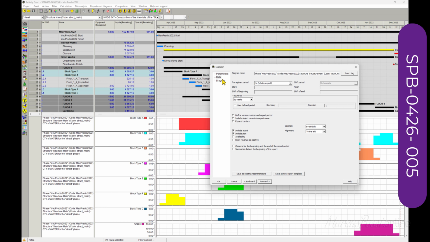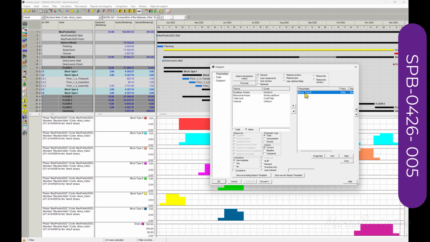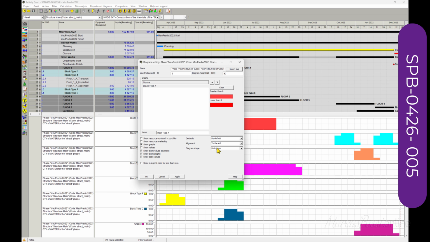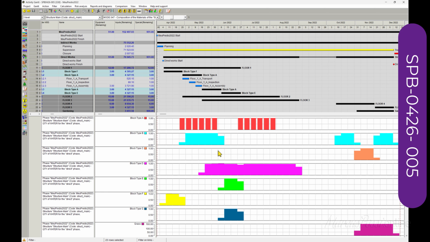Include plan, okay, parameters, block type B. Use the histogram. Yes, I will try to use columns. Block A. So many block A's here.